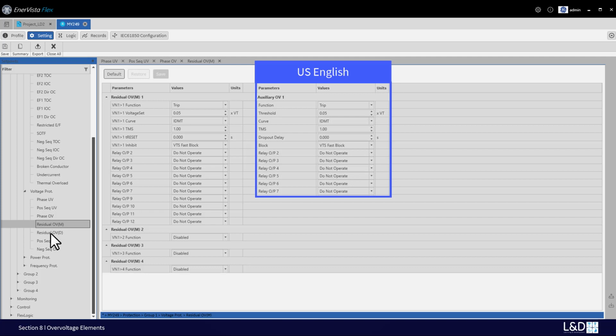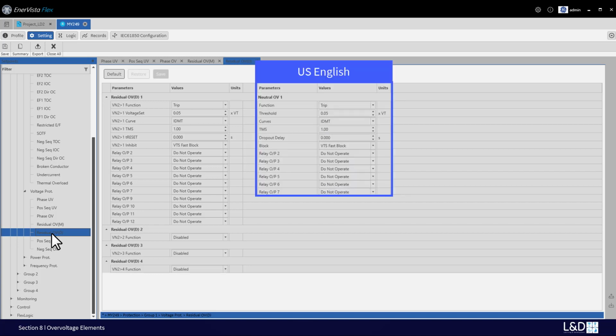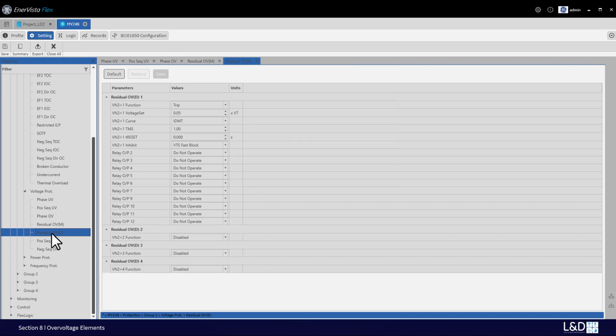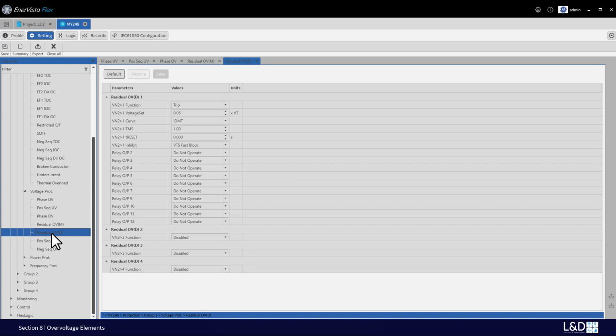And for the derived overvoltage, that's the internally calculated neutral voltage, and its English name is neutral overvoltage. This neutral voltage Vn is calculated by using the Fortescue equations, and other settings are the same as the phase overvoltage.